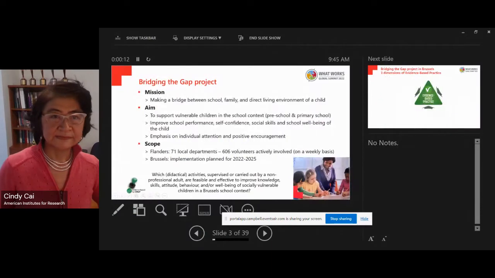I have two screens. I'm gonna stop sharing.